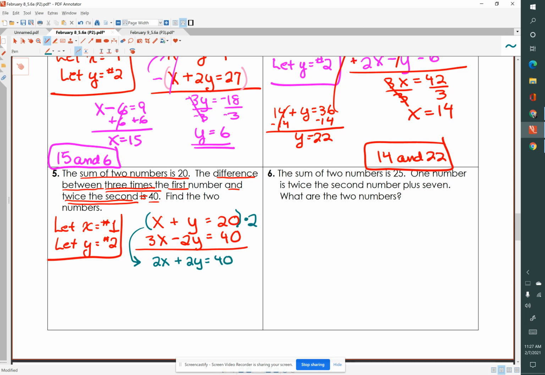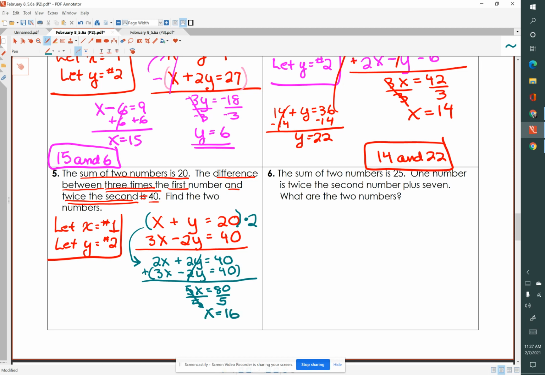And then I'll keep the second equation as is, 3x minus 2y equals 40. And all I need to do is add them together, and that eliminates the y, which gives me 5x equals 80. And I divide both sides by 5, and x equals 16.